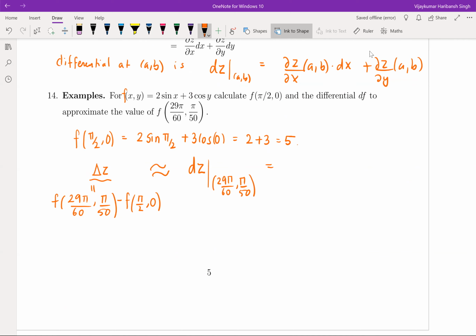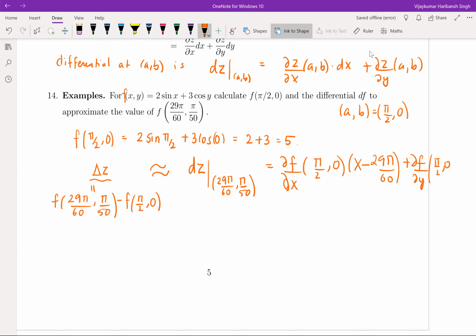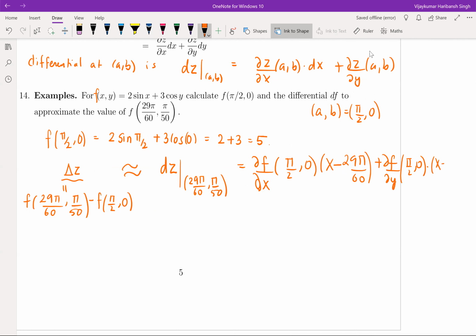Now, what about this as a formula? This is given by the partial with respect to x at (a, b), where (a, b) is (pi/2, 0), times x minus the new value 29pi/60, plus the partial with respect to y evaluated at (pi/2, 0) times y minus pi/50.